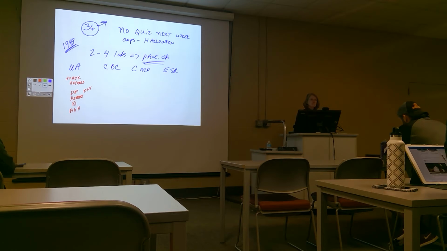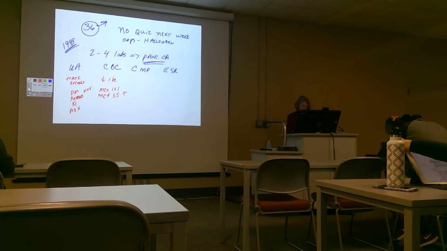For his CBC, in the absence of time, I'll just tell you: decreased red count. Hemoglobin and hematocrit were low normal, mean cell volume 101. MCH 35, which I'll just tell you is increased, I don't think I'll force you to learn that. Differential fine, sed rate 14.